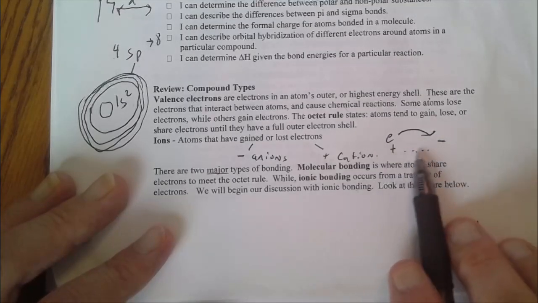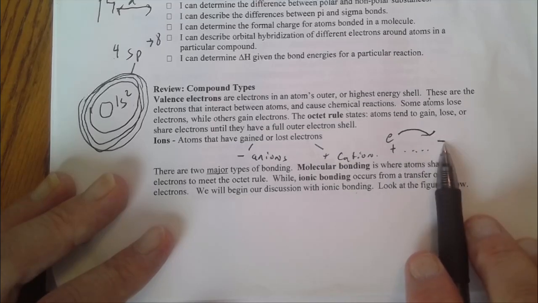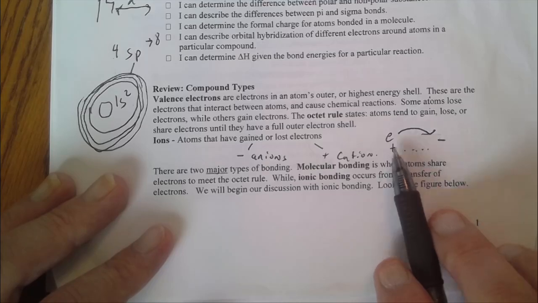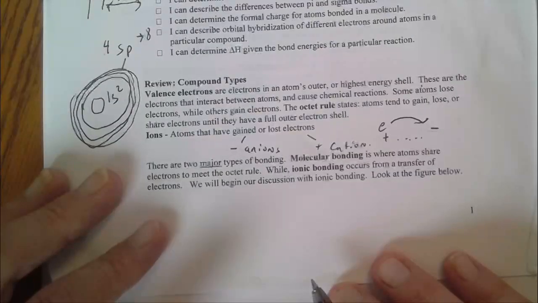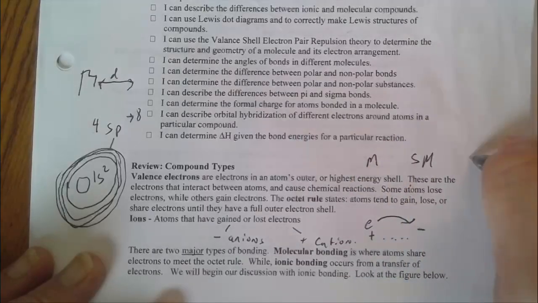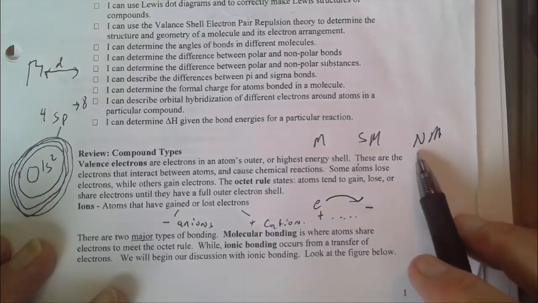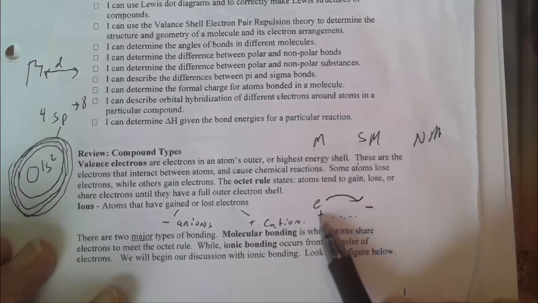Big thing here. The cations become positive, the anions become negative. Can anybody tell me what type of elements tend to make positive ions? Think about our 3 types of elements. Metals, semi-metals, or non-metals? Metals, good. Going for Student of the Month this month.